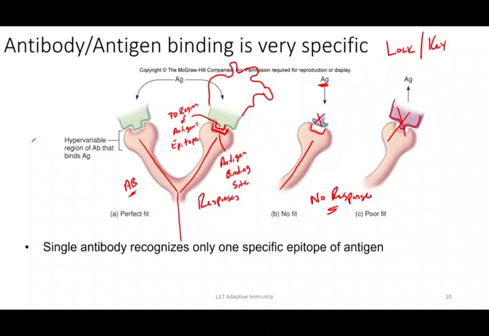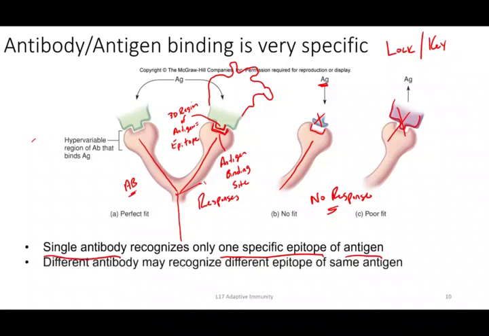Okay. So as this says, a single antibody, which is what we have here, only has an antigen binding site that can recognize a specific epitope of a specific antigen. Now, it is possible that our body does generate more than one antibody, obviously. And so a different antibody may be perfectly capable of recognizing a different epitope of the same antigen. So for example, this unique shape up here is a different epitope.